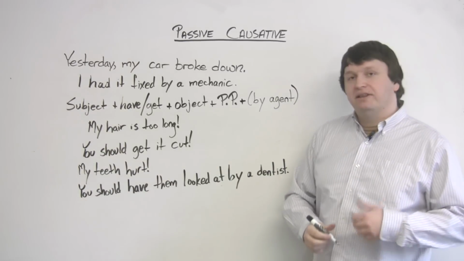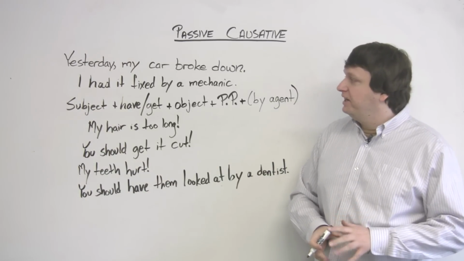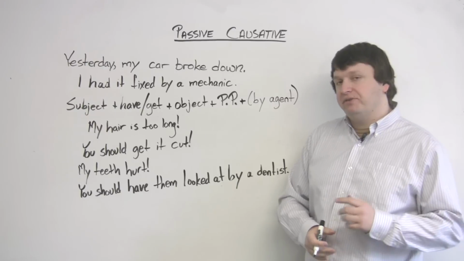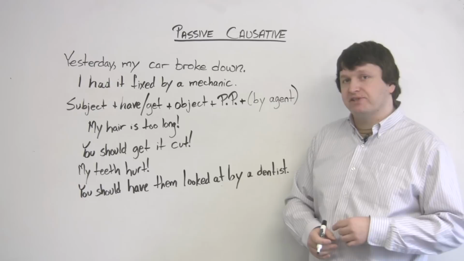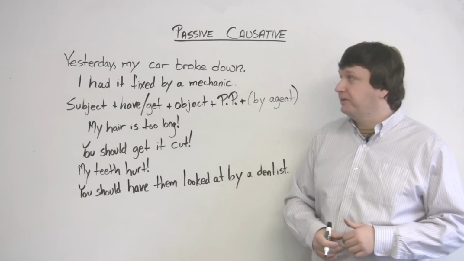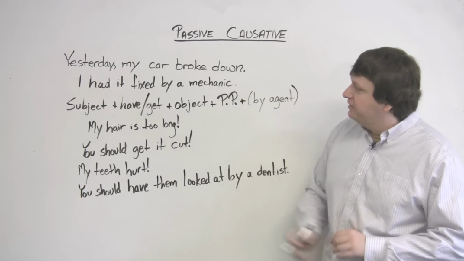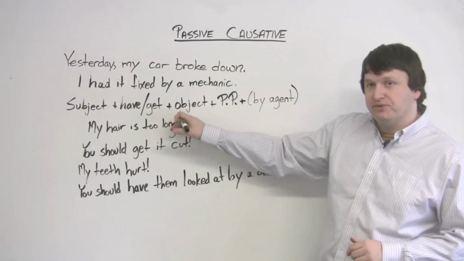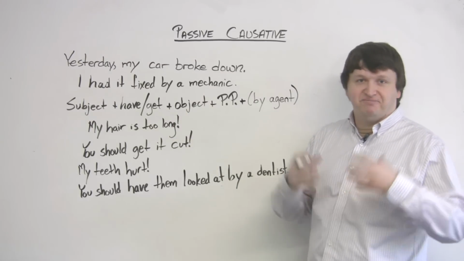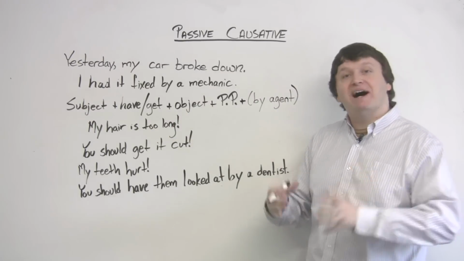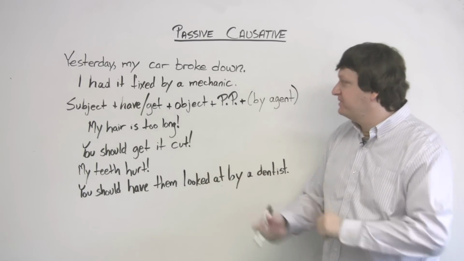Okay. Now, if you want to test your understanding of the passive causative, I'm going to give you some more problems, and you're going to give me some solutions to these problems in a quiz below on engvid.com. So again, remember this structure when using the passive causative. You're getting something done to something by someone or something else, okay?